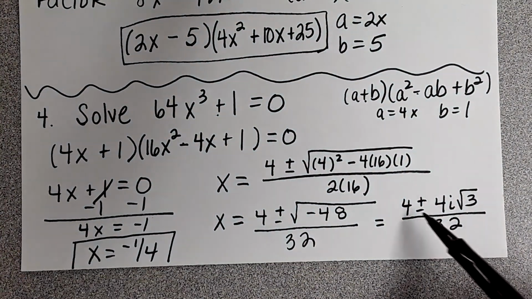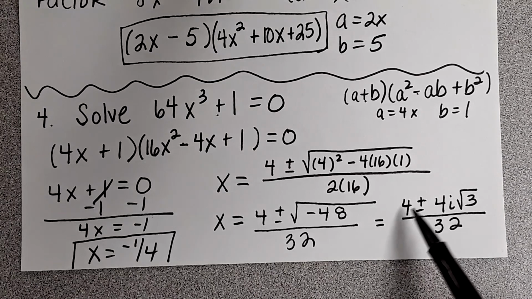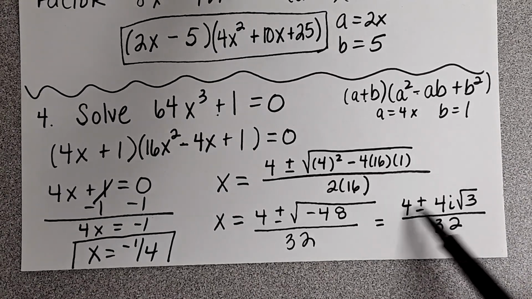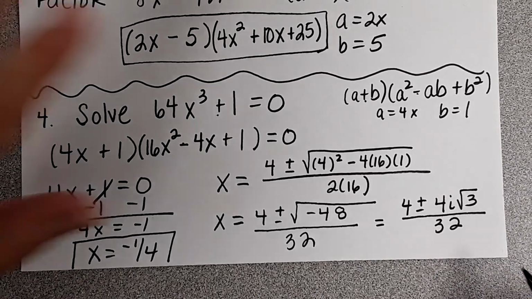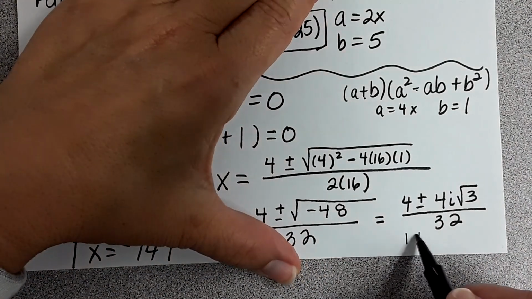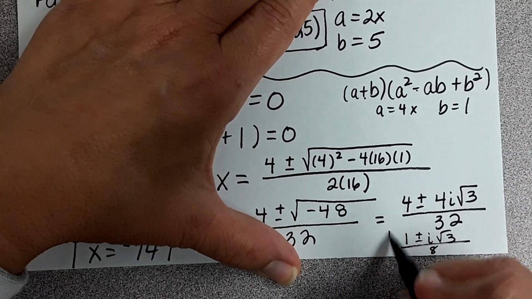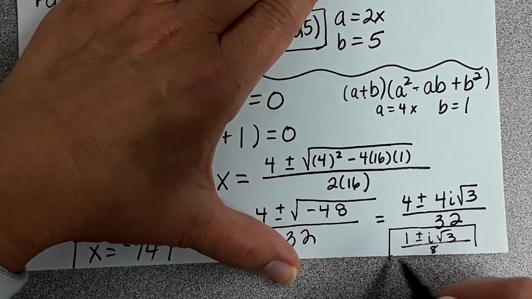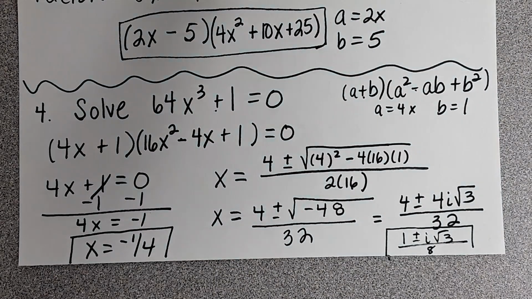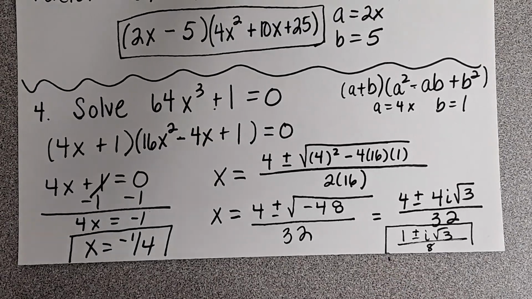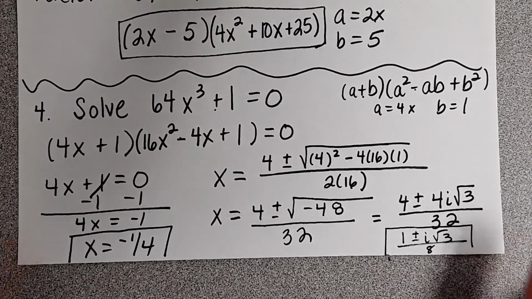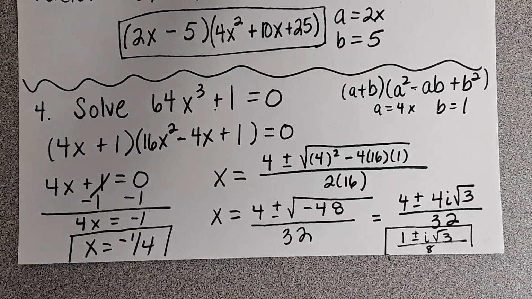Now, your job is to make sure that you can reduce all of that. You can pull out a 4. Do you see that? You can pull out a 4 out of everything. So your final answer would be this. Okay. You're like, oh, okay.